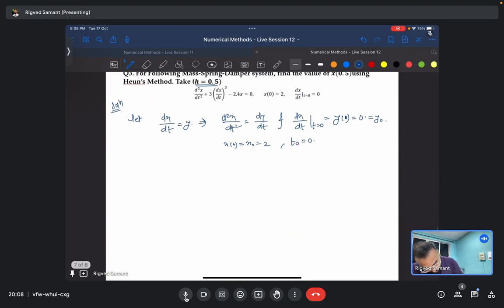Because of this substitution, the ODE becomes dy by dt plus 3y cubed minus 2.4x is equal to 0. Therefore dy by dt is equal to 2.4x minus 3y cubed, right?